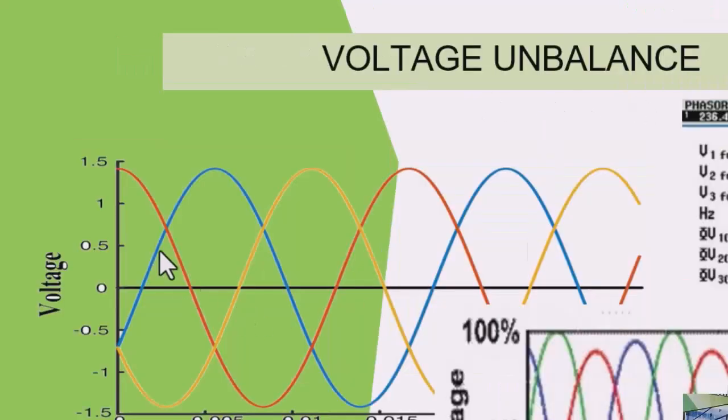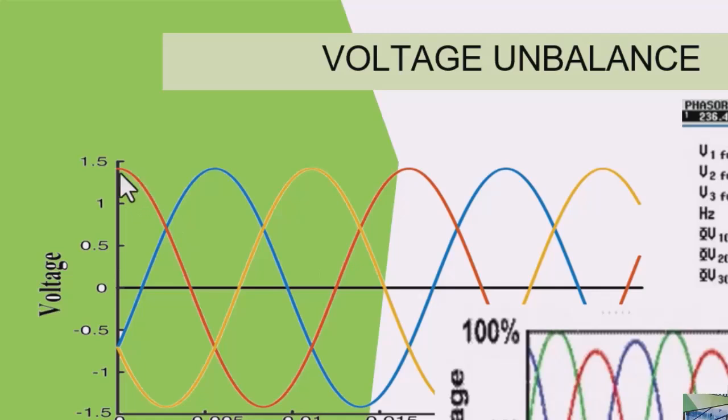So let's look at voltage unbalance. Like we said earlier, the three phases of the power supply must be at the same level, the same magnitude. So if the supply is indicated 415, okay, it means that the phase to phase voltage must be 415.